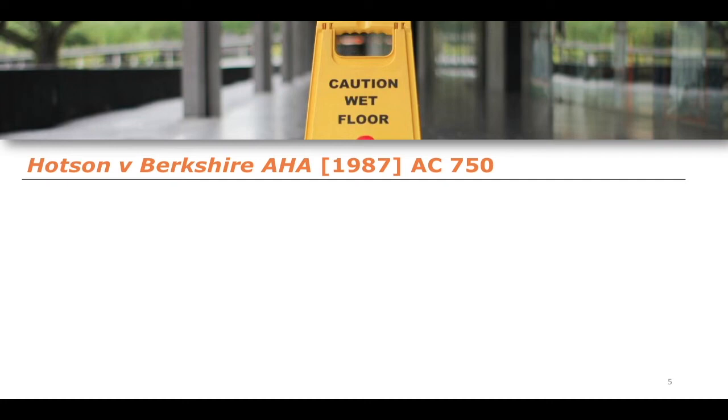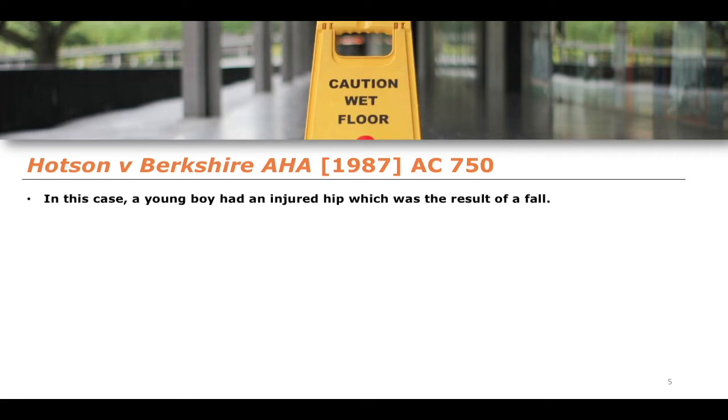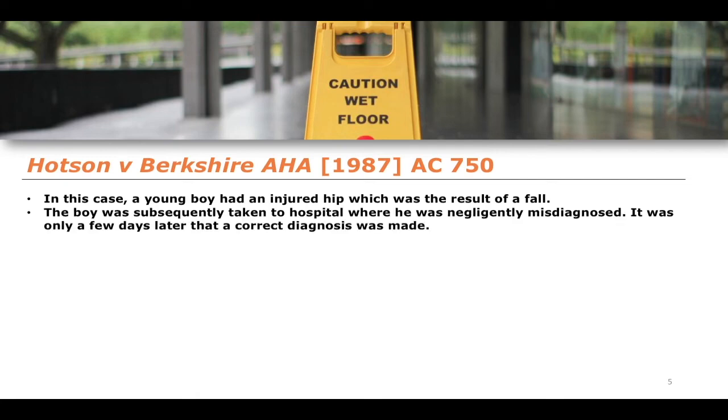So in 1987, we can get an example of how this works in the case of Hotson v Berkshire AHA. This was a case which involved a young boy who had injured his hip as a result of a fall. So he fell over, essentially, and then he had a hip injury. The boy was subsequently taken to the hospital, where he had been negligently misdiagnosed by the doctor.